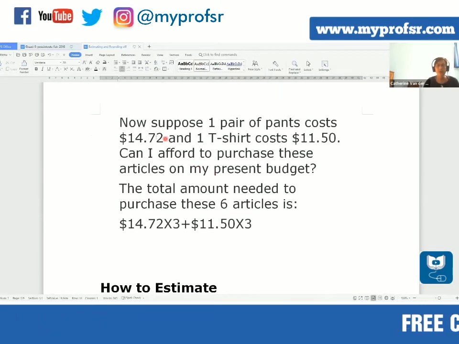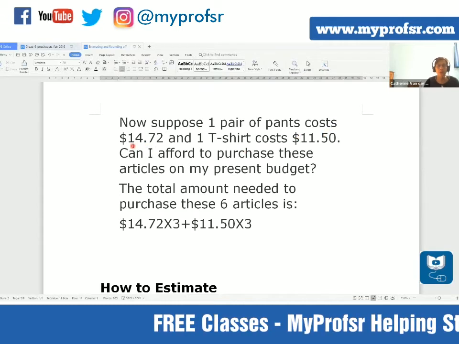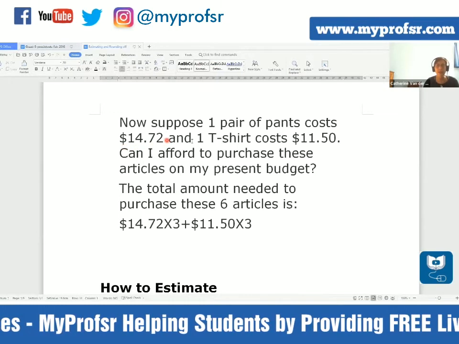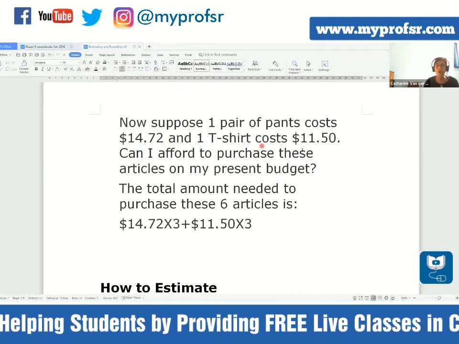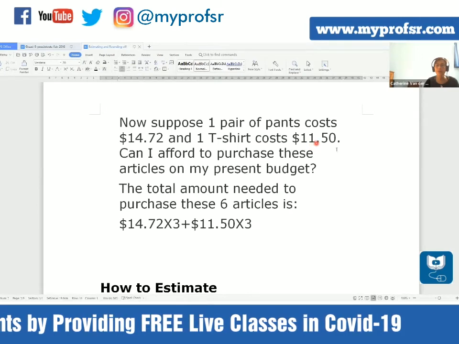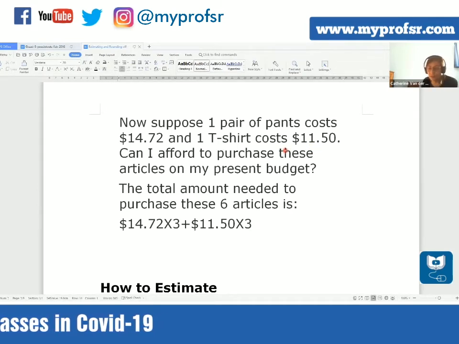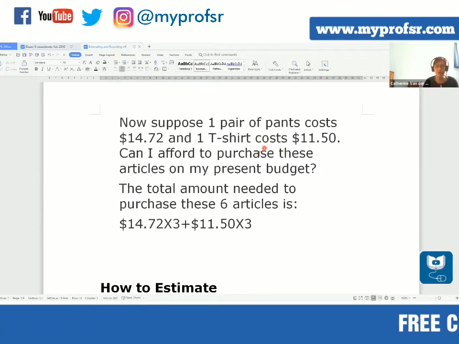Now, suppose 1 pair of pants costs $14.72 and 1 t-shirt costs $11.5. So you can see that that is quite a difficult calculation to make.